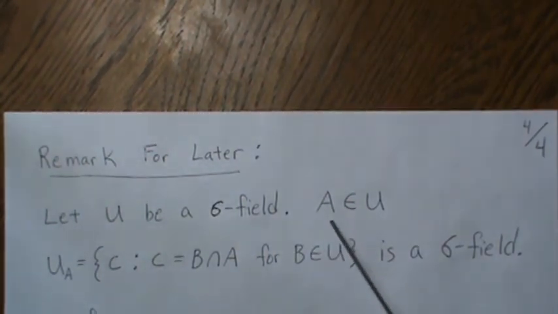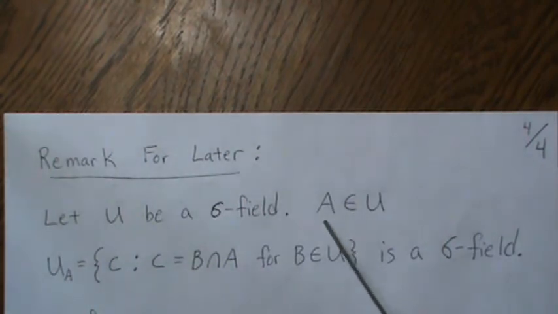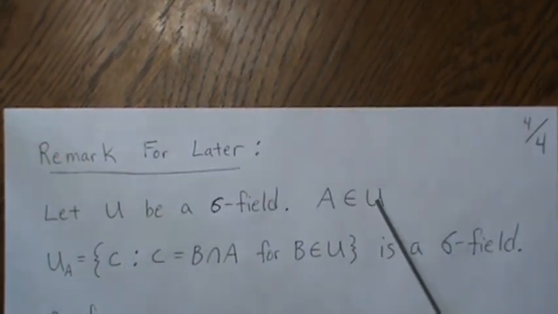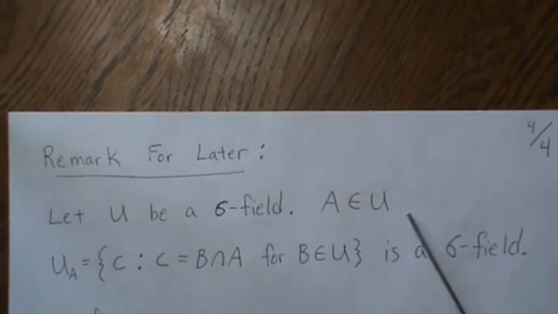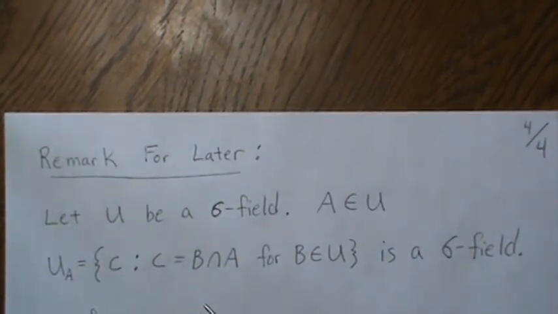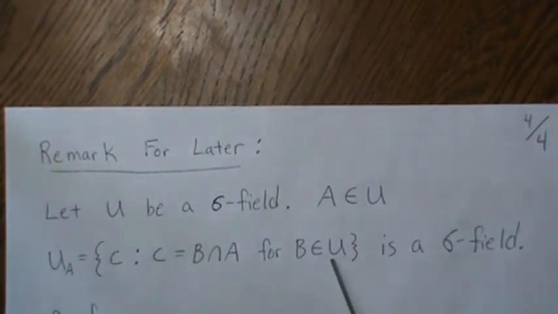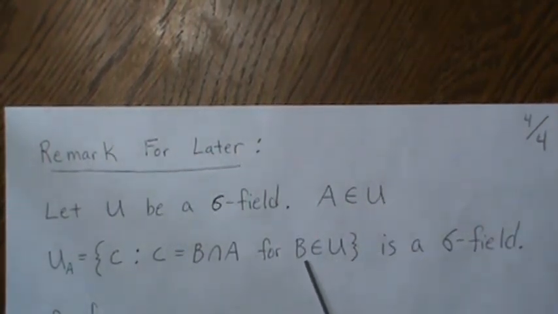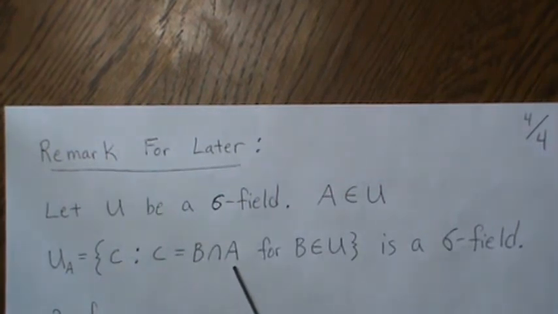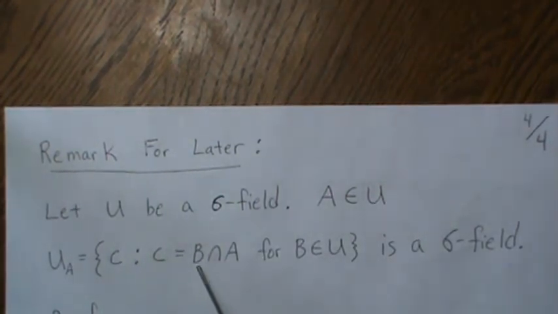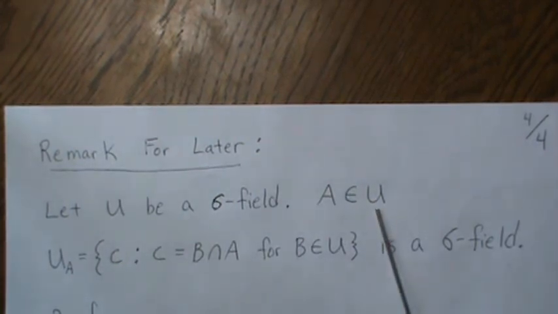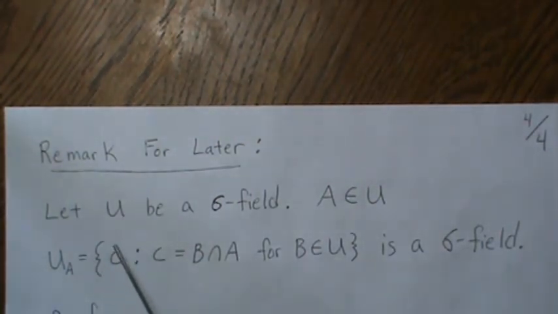And let's let this set A be an element of the sigma field, okay? We're going to create a new class, called UA, and it depends upon the set A. We're going to intersect every element of our original sigma field with A. So it's the intersection of every single element in our sigma field with A. Those are the sets that we get.